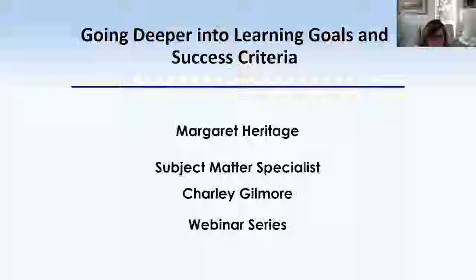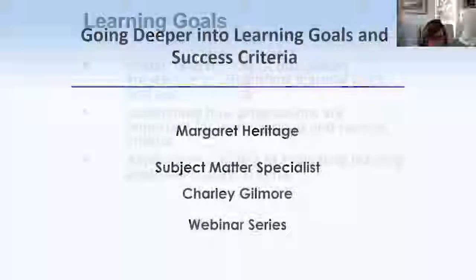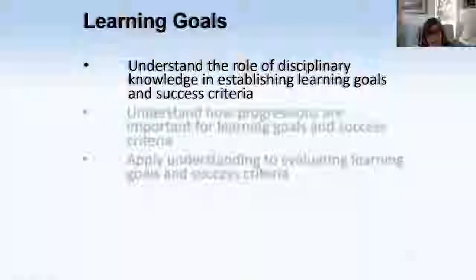So let's move to the first slide, because we really want to think about what our learning goals are for today. Specifically, I mentioned several times in the face-to-face session the importance of disciplinary learning, disciplinary knowledge, and locating the learning goals and success criteria in the context of disciplinary content and disciplinary practices, and the integration of the two.